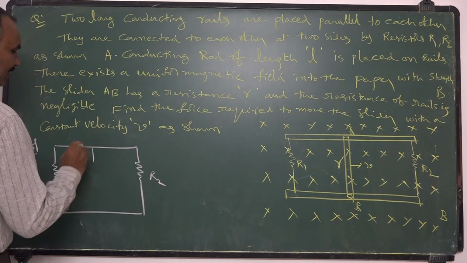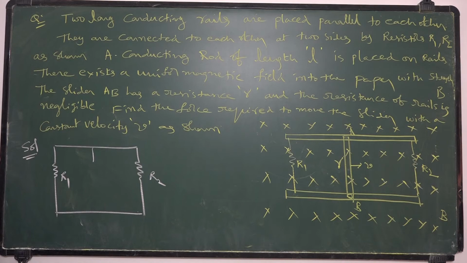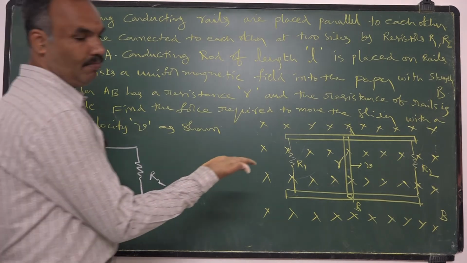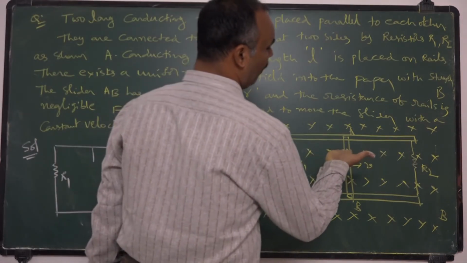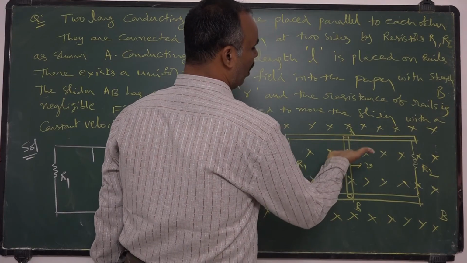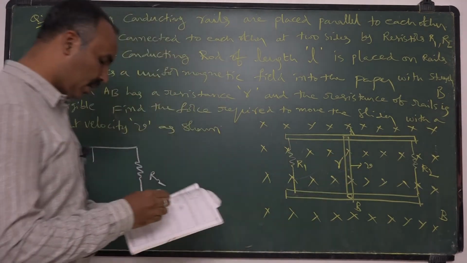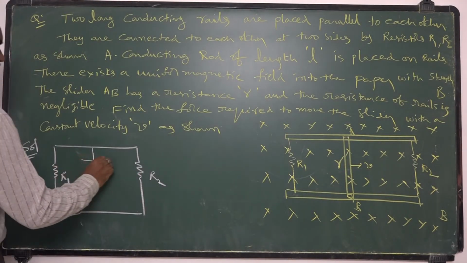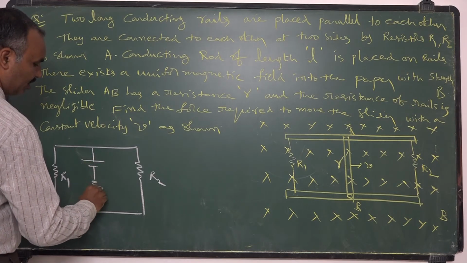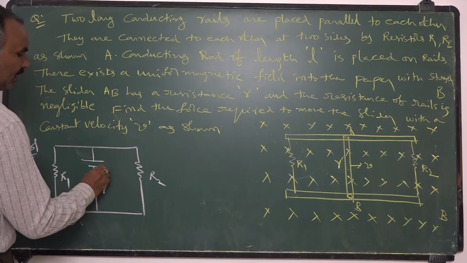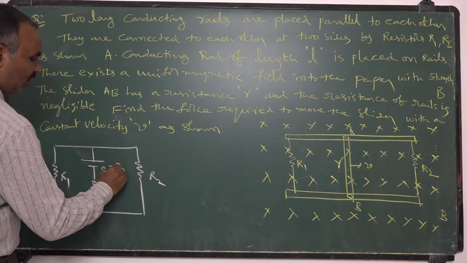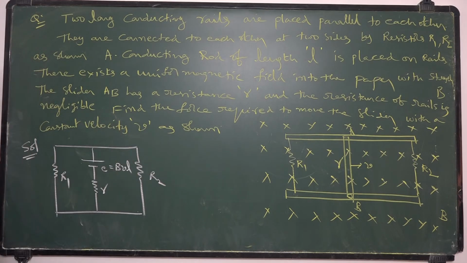In between there is a cell. What is the polarity of the cell? As per the right hand palm rule, the upper part will have positive potential and the lower part negative potential. It has some internal resistance small r. Its EMF is BVL, where L is the length of the rod. So this is the equivalent circuit.